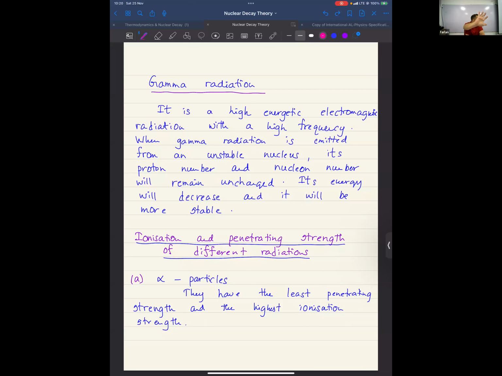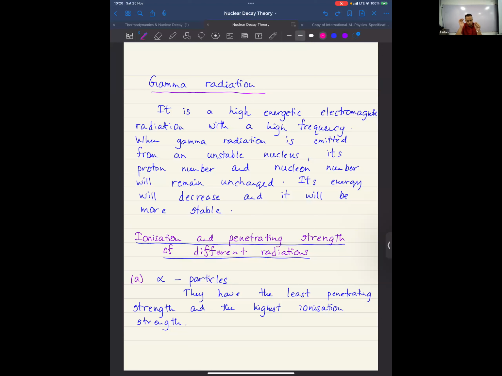It will be ionized. So the ionization strength of alpha particles is extremely high compared to the other two, and its penetrating strength is very low compared to the other two. You can stop a beam of alpha particles even with a thick sheet of paper. It can't even penetrate through paper.